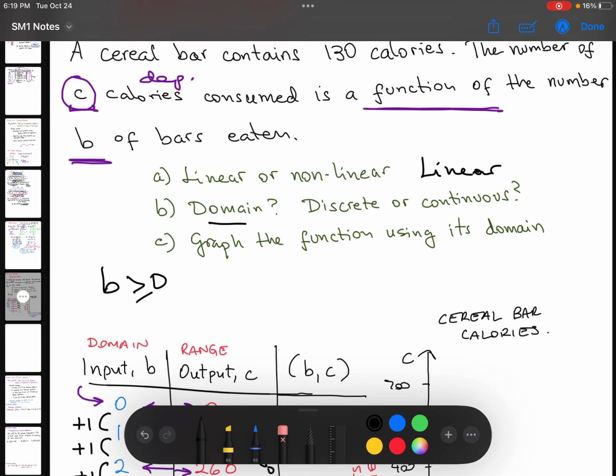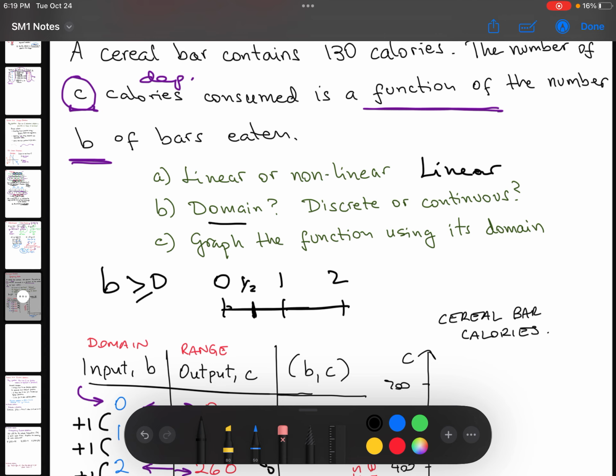Now the question is, can I eat half a bar, a quarter of a bar, a third of a bar? Definitely. That means that if you go from 0 bars to 1 bar, there are also values in between, right? So here I can eat half a bar, definitely.